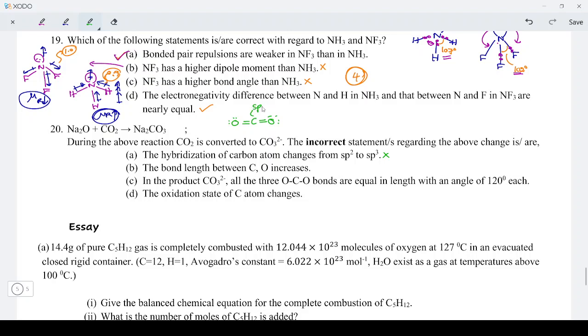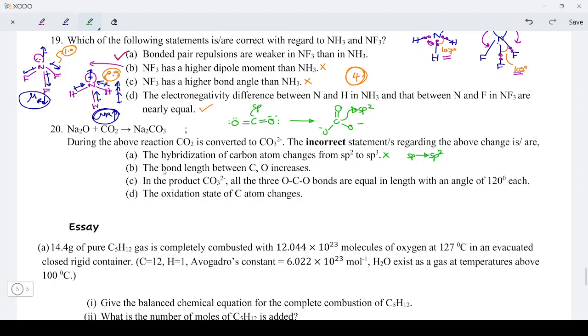That's why it is sp hybridized. When it goes to carbonate, this is the structure, and now it is trigonal planar. Now there's only one pi bond, that means it is sp2 hybridized. So it changes from sp to sp2, not the other way.